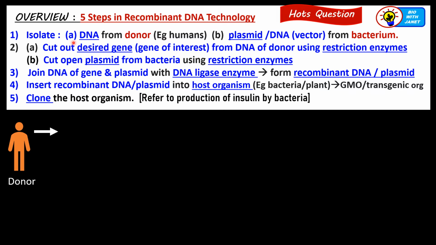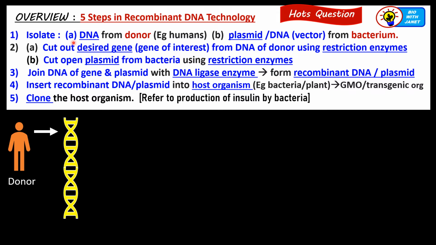Which chromosome has that gene? For example, the human insulin gene that codes for the production of insulin. It is on chromosome number 11 in the human cell. So we locate that and take out the long DNA strand on chromosome number 11.